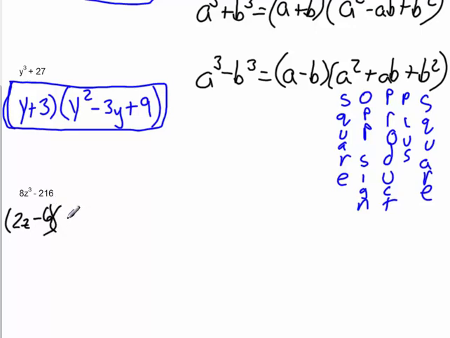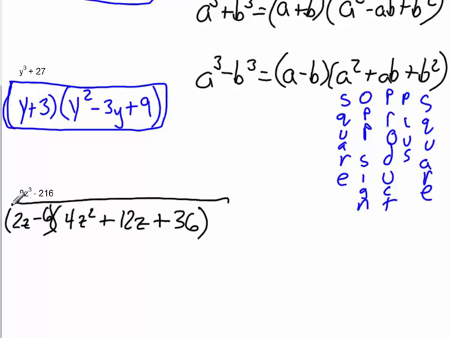So square the first term, that's 4z squared, don't forget about that. Opposite sign, and then the product, so 12z, 6 times 2z is 12z, plus, and square the second term, 36. It does not change a thing, we just keep doing the same thing.